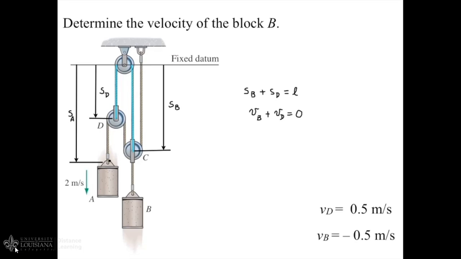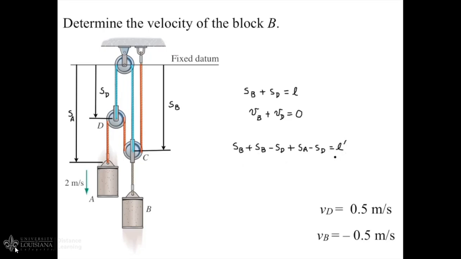Now I can proceed to write the length of the chord. So here I have the following. S sub B, we have plus this segment right here, which of course is S sub B minus S sub D, and finally we have this segment, which is S sub A minus S sub D. And all of it equals L prime.